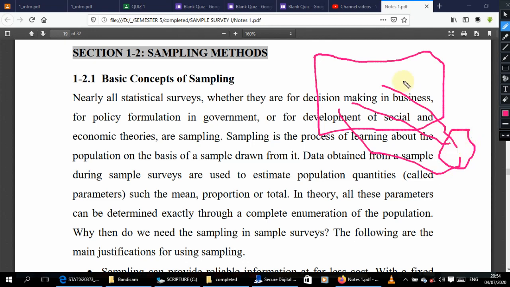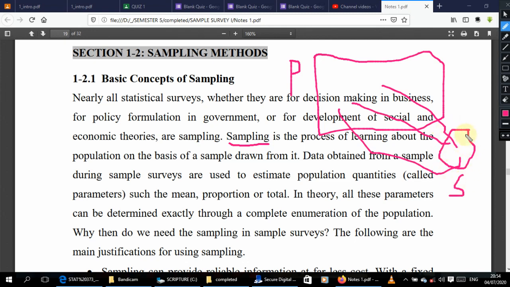So this is your population, and this is your sample. Picking the sample from this population and trying to learn something about the population, we are doing what? Sampling.